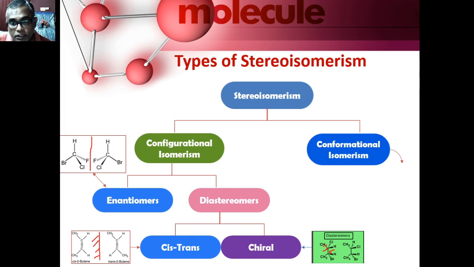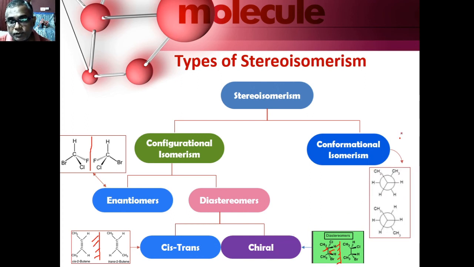So here these two molecules are diastereomers because they are not mirror images of each other. Therefore, diastereoisomerism exists in cis-trans isomerism as well as in chiral molecules.